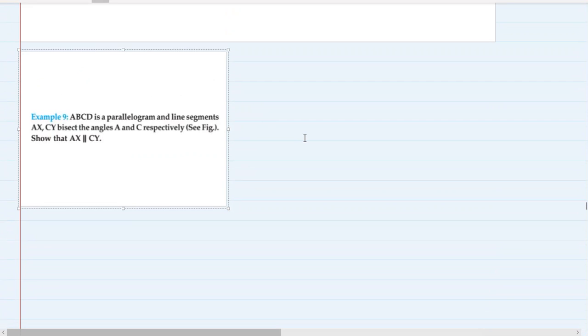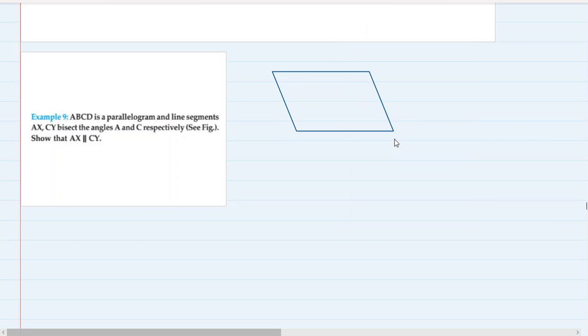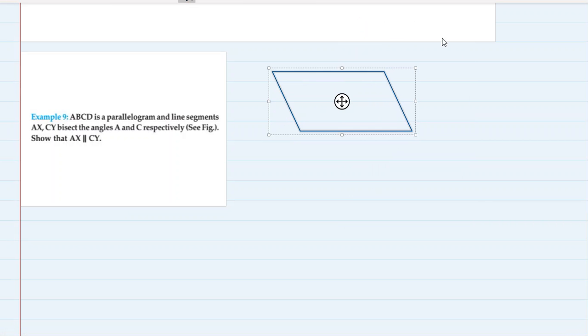Okay, let's draw this figure. So in our figure we have something like this.